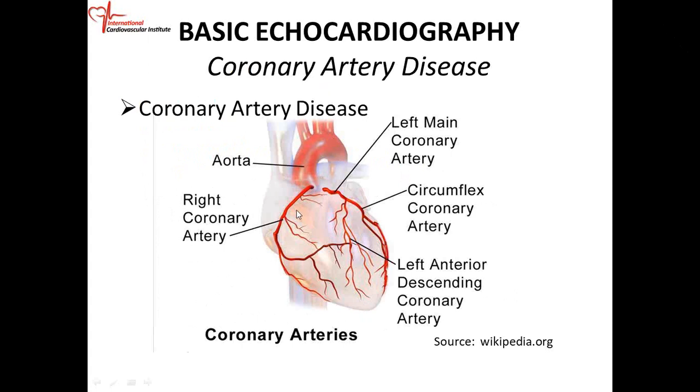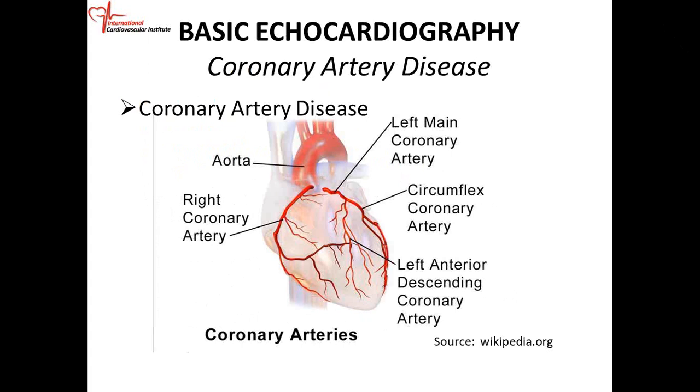So when these blood vessels develop atherosclerotic plaque, then you get symptoms related to the territory that has reduced blood flow. So you may have obstruction to the right coronary artery, so it's going to affect the muscle supply to that area.